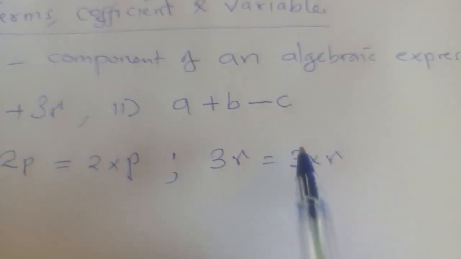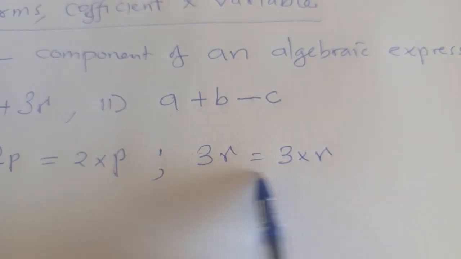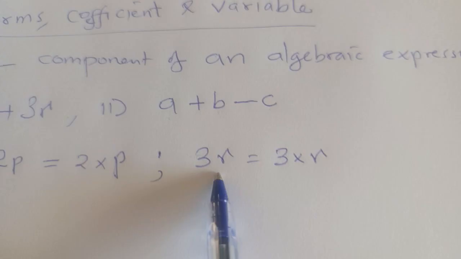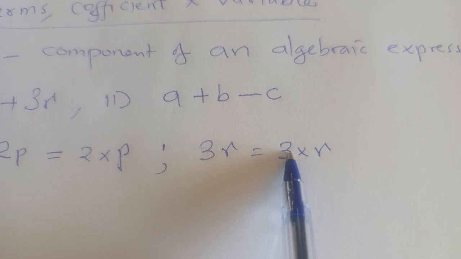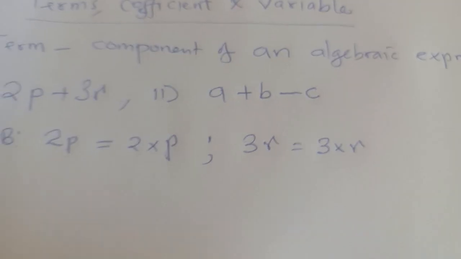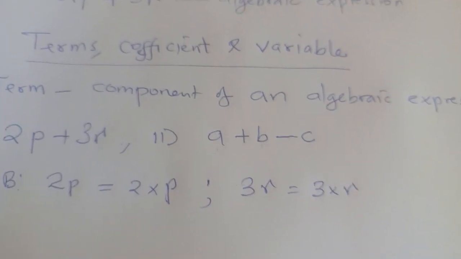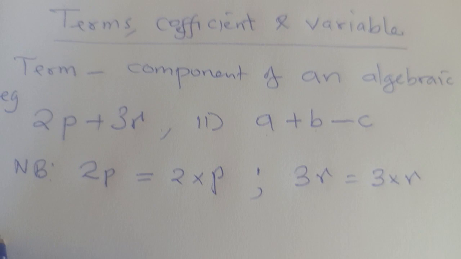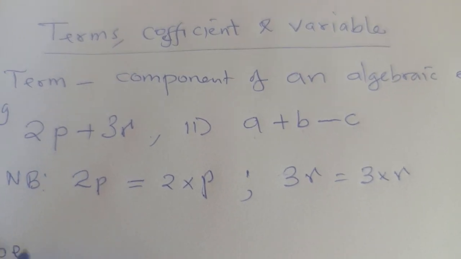And the moment we multiply the two, they give us one quantity, which we call 3r. So it's 3 times r, but now 3r is considered as one quantity.